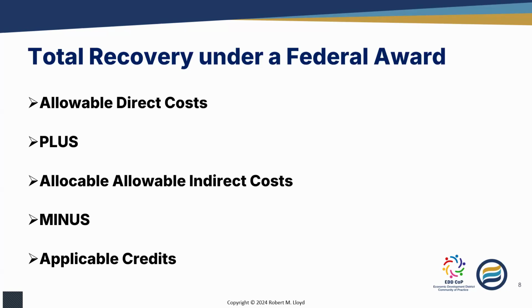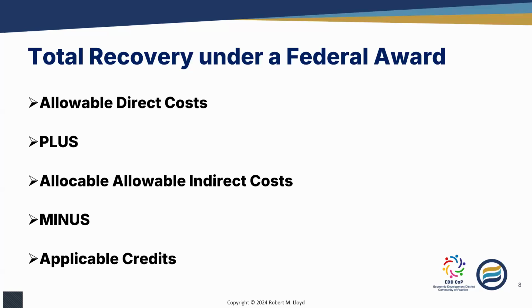operationalized. The other thing to keep in mind, and this is also in the cost principles, is the concept of applicable credits. Applicable credits are those receipts or reductions of expenditures which serve to offset costs that are charged either on a direct or indirect basis.